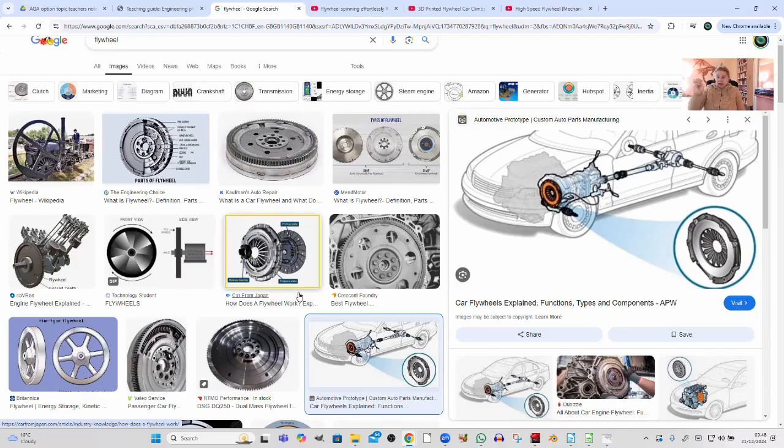And then there's bang, which is the power stroke, where the ignition causes the fuel air mixture to burn very rapidly, and that causes the piston to be forced out. Now that's the power stroke. And then blow is where the piston comes back up and pushes the exhausted gases out of the exhaust valve.